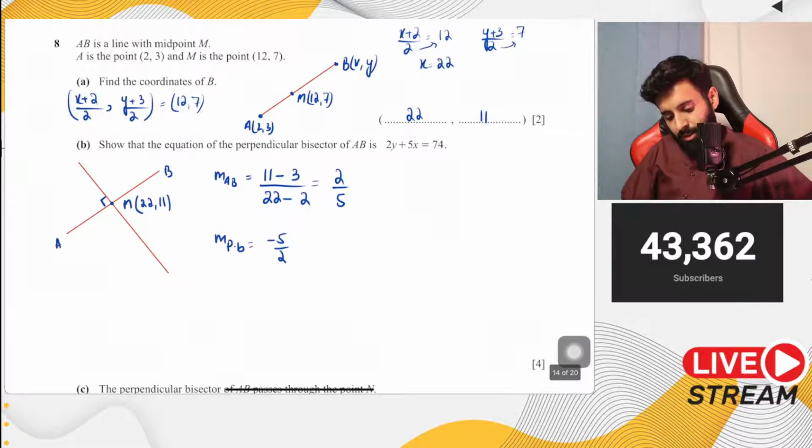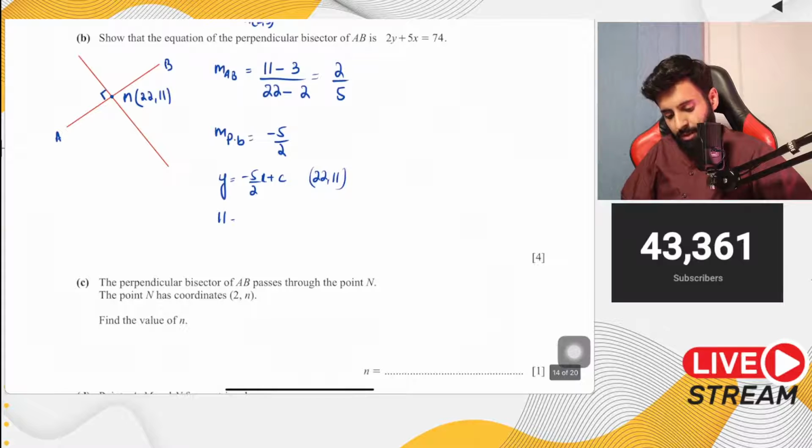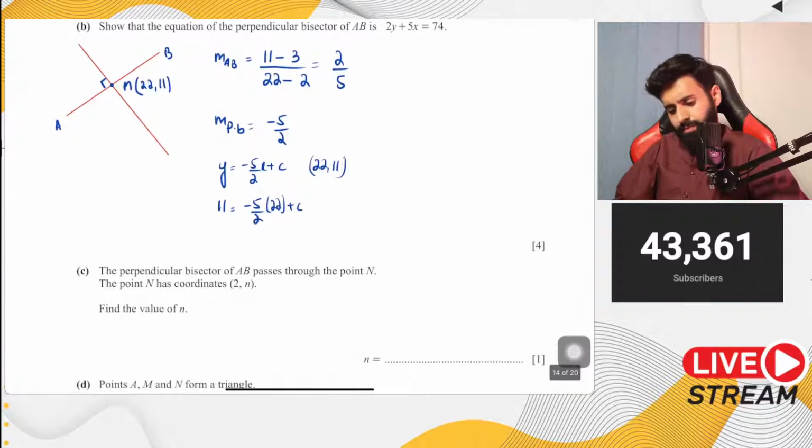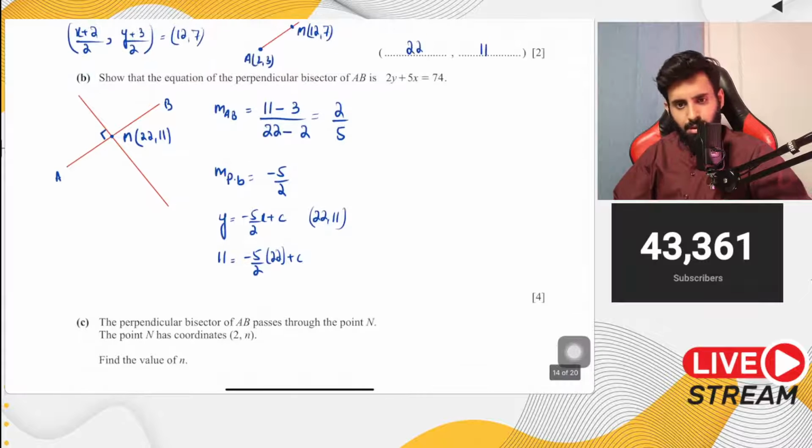So this is where we are. y equals minus 5 upon 2 x plus c. Now in order to find c, we need a point through which the line is passing. We plug in 11 for y and 22 for x.